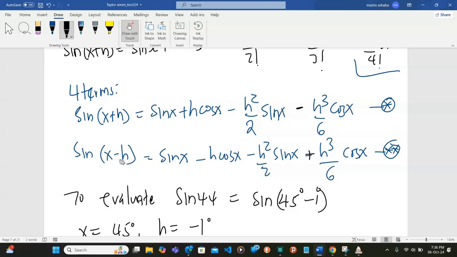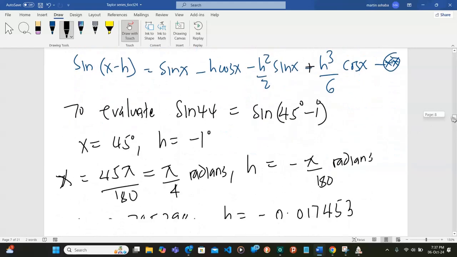So if I introduce now x minus h, that means h becomes negative. So wherever there is h, I put negative h. So this becomes minus h cos x minus h squared, which remains h squared out of 2 sine x. Then here this becomes minus, then minus h cubed, whereby h cubed, which is negative, becomes a negative, and the negative cancels with this, becomes a positive. So out of 6 cosine x.